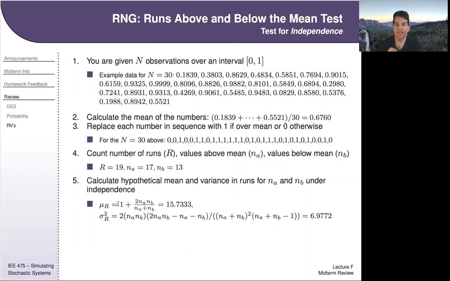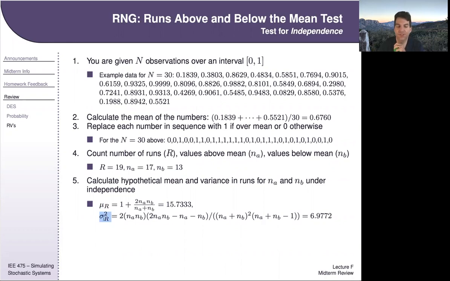Under the null hypothesis of independence, this is the average number of runs you would get for an unfair coin with this heads to tails ratio, and this is the variance for that distribution. For enough coin flips, it's normally distributed, and this is the mean and variance for that normal.